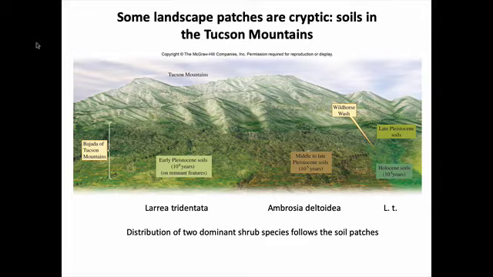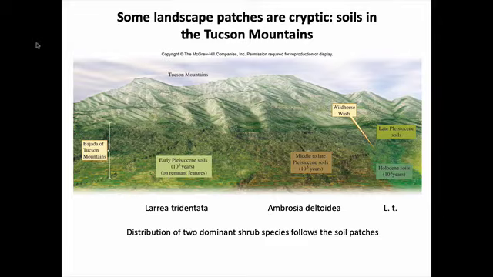And unless you're looking very carefully, you'll have no idea that that has happened. You need to be very cognizant of the possibility that it's not just obvious things in the environment that produce patches that you can easily perceive. It can be things that are quite hidden from you, like soil characteristics.